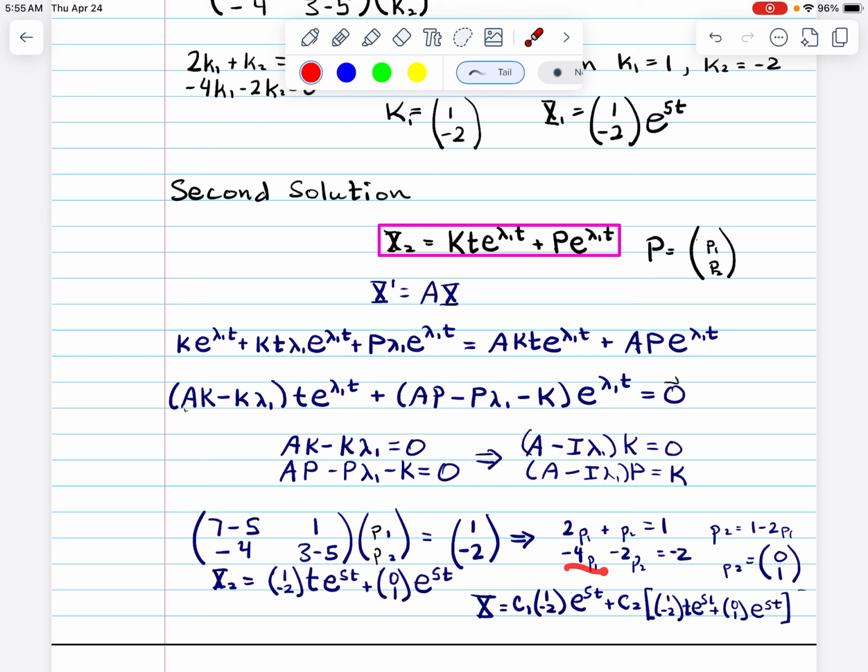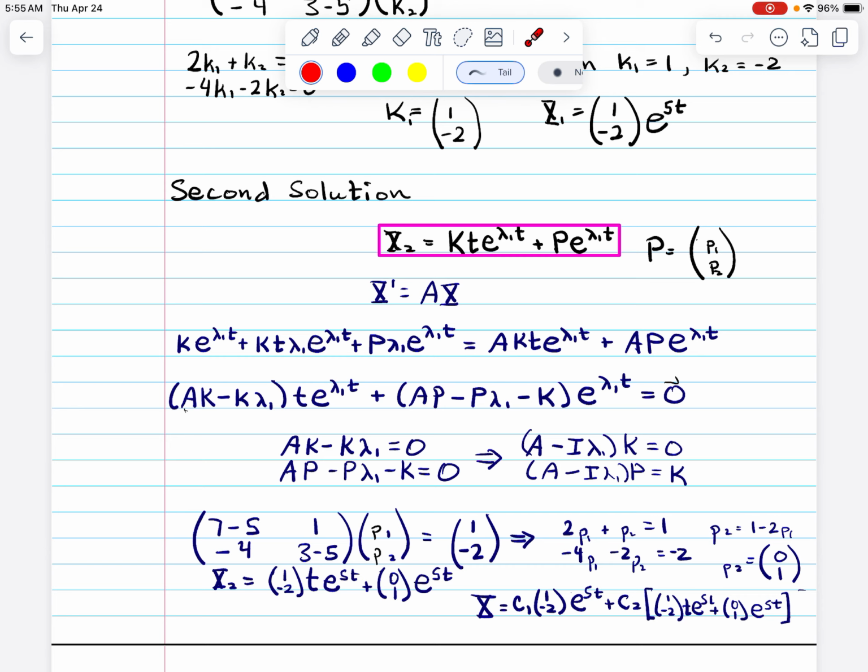And I get this right here. And I say, okay, p2 equals 1 minus 2p1. So then I say, well, let p1 be 0. Nothing wrong with that. Then that means that p2 equals 1.